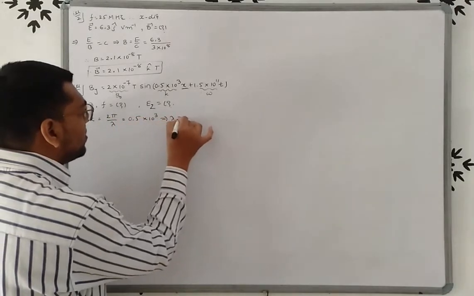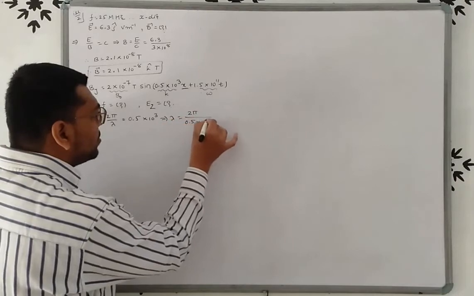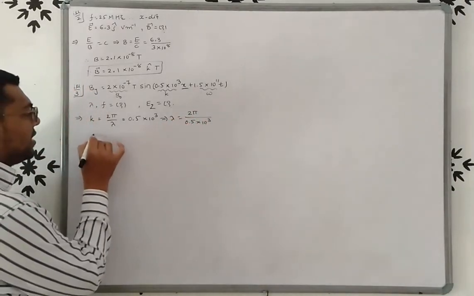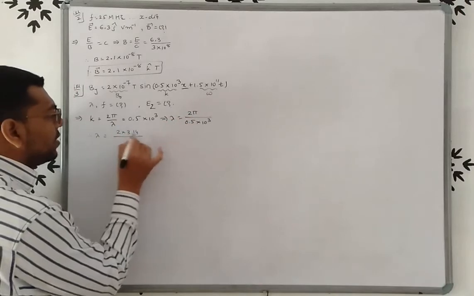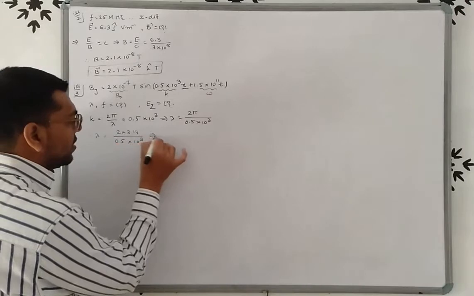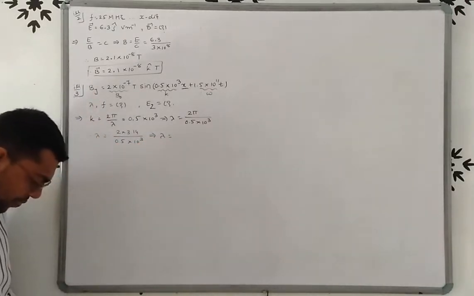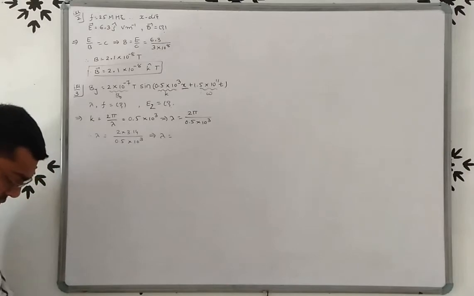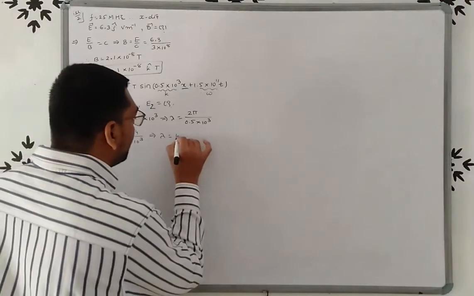So lambda is equal to 2 pi divided by 0.5 into 10 raised to 3. Right? So we get lambda as 2 times 3.14 divided by 0.5 into 10 raised to 3. So after the calculation, you will get lambda equal to 1.25 into 10 raised to minus 2.